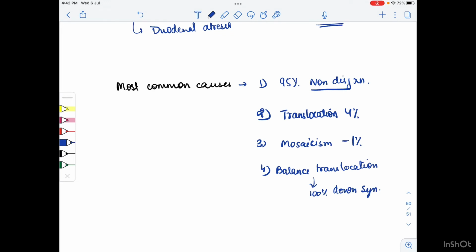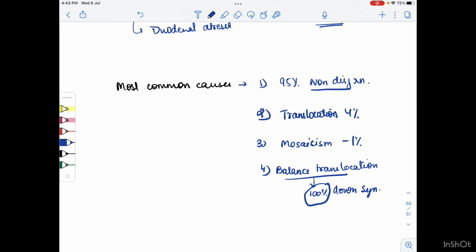I have one more question: if a mother has a chromosomal translocation, suppose 21-21, then what is the risk of the syndrome in the child? The risk is 100%, because there is translocation. If translocation is there, then there is a 100% chance that the baby has Down syndrome. Please remember this point, it's very very important.